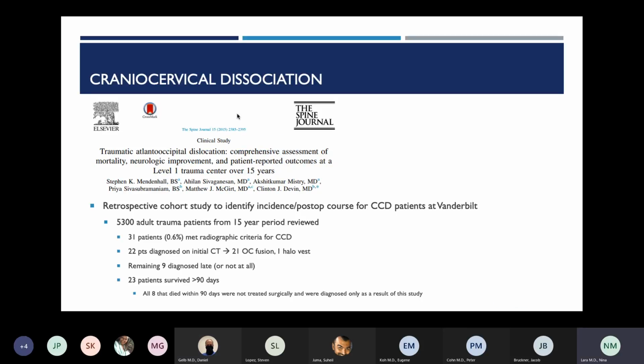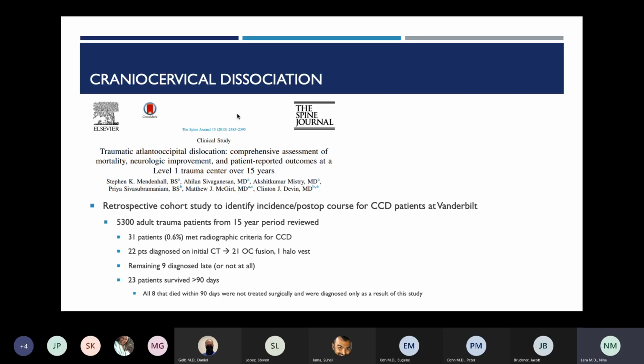Okay, so this study by Devon et al., traumatic atlanto-occipital dislocation: a comprehensive assessment of the mortality and outcomes over 15 years. Of 5,300 adult trauma patients, 31, so not a ton, met radiographic criteria for OCD, and 22 patients were diagnosed on initial CT. 21 underwent occipital cervical fusion, and 1 was treated with a halo vest. 9 were diagnosed late or not at all, and 23 patients survived greater than 90 days.